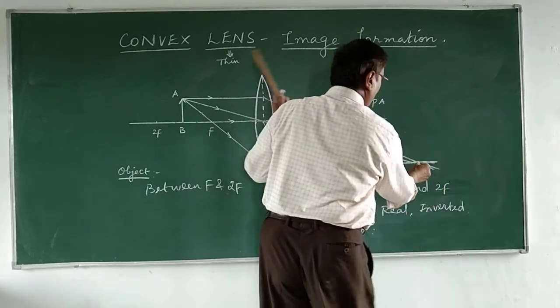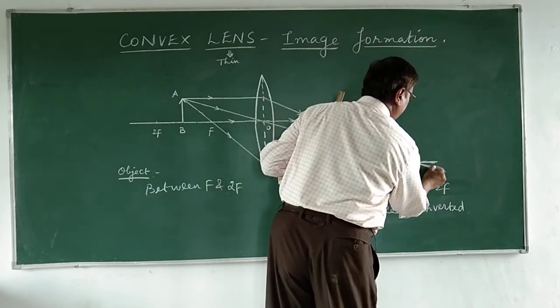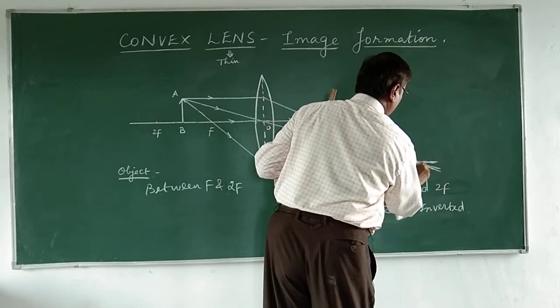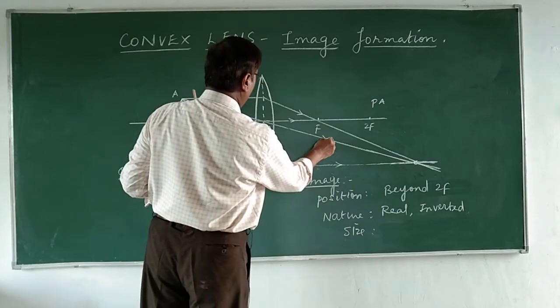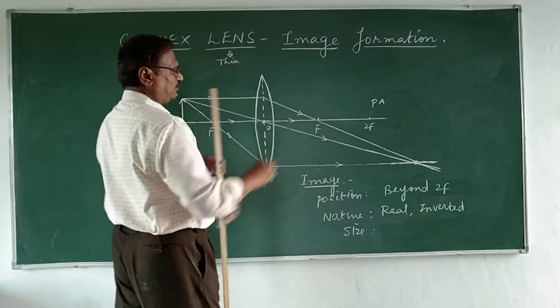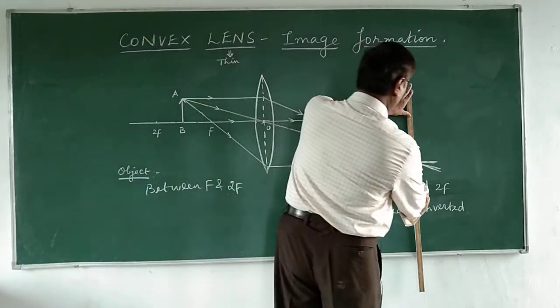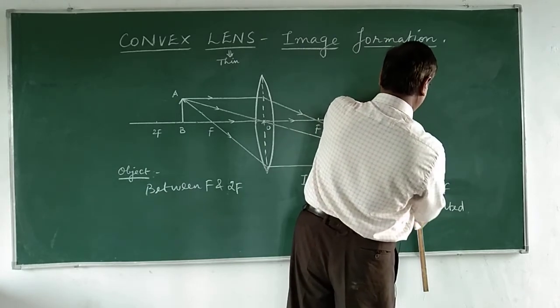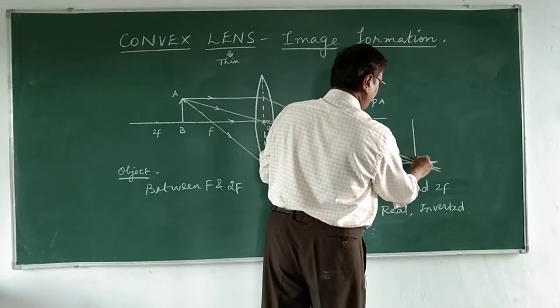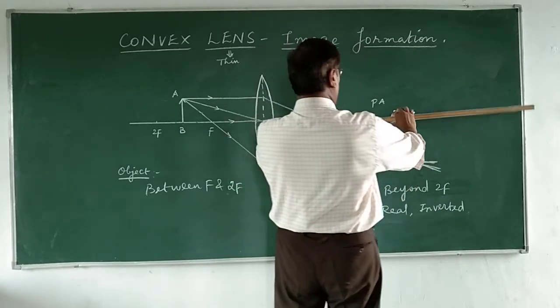Yes, all the rays are coming and meeting at this point. See, the ray which is passing through the optical center goes without deviation. Now you get an inverted image. We can extend the principal axis.